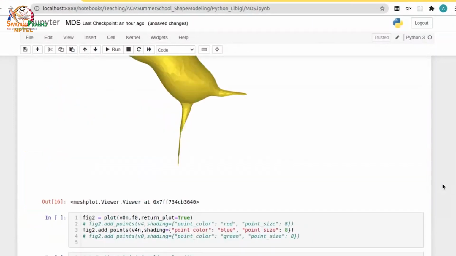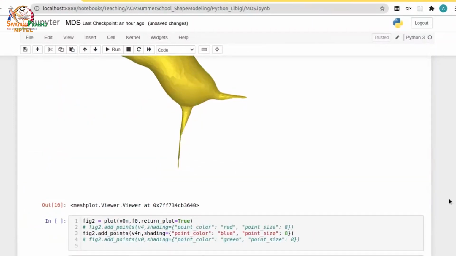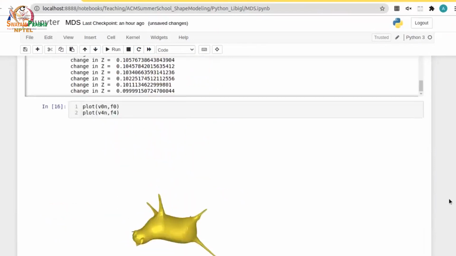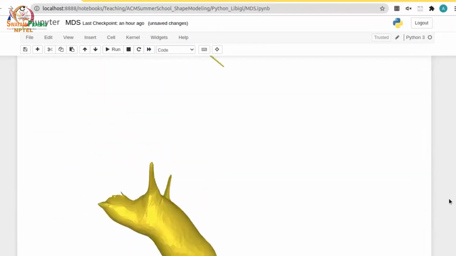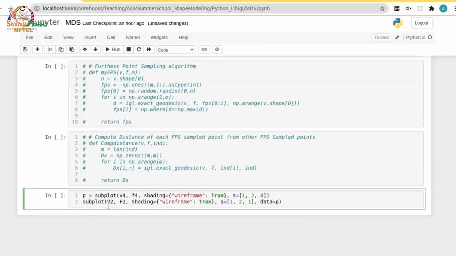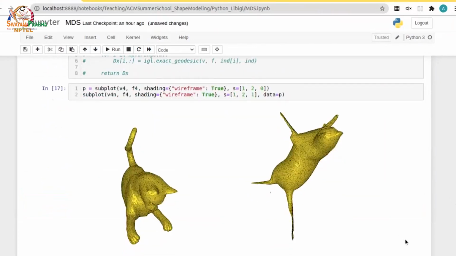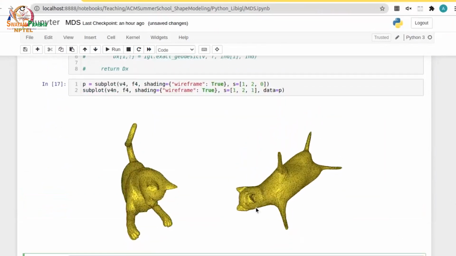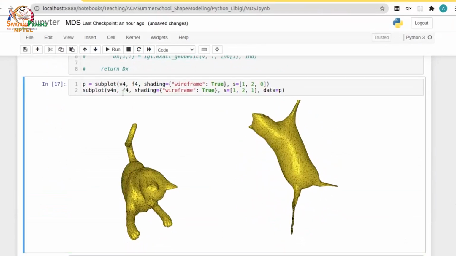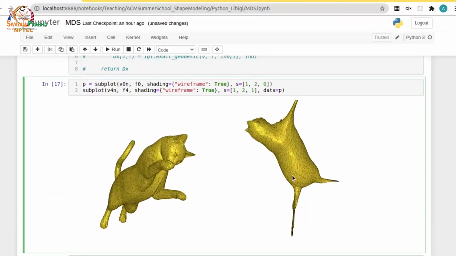This was the CAT4, it gets mapped to this.